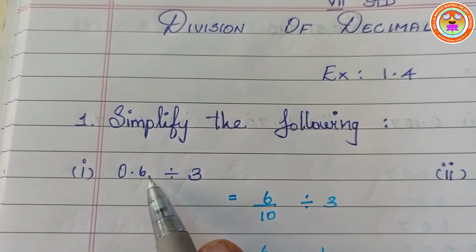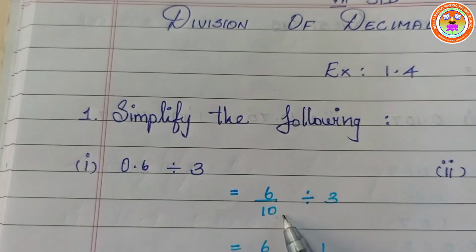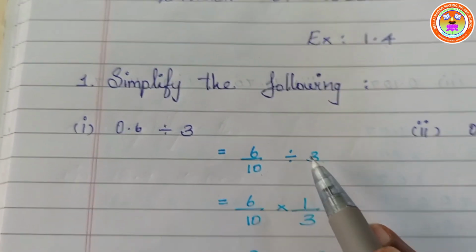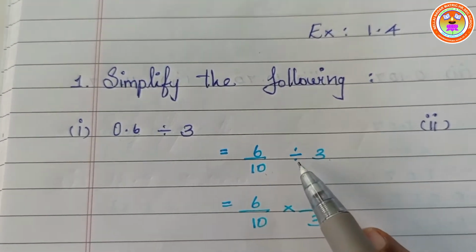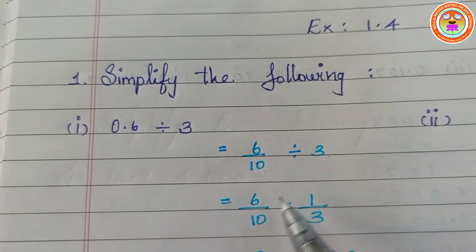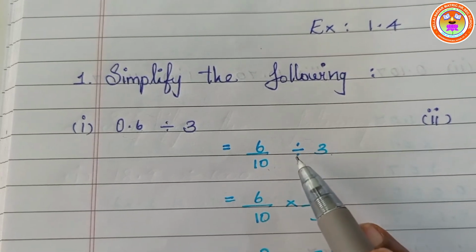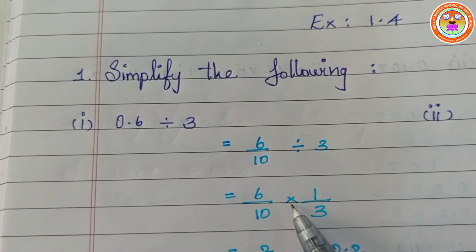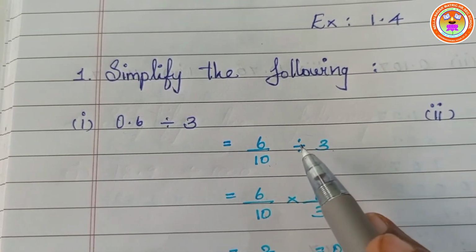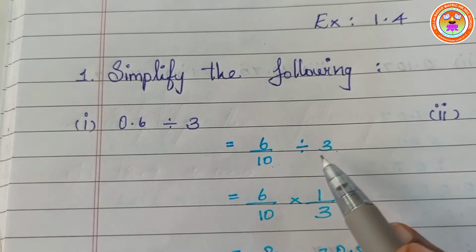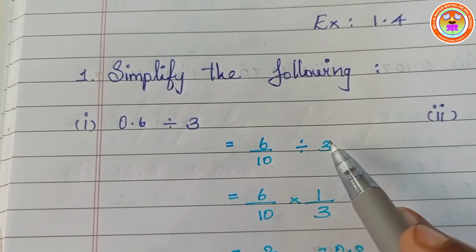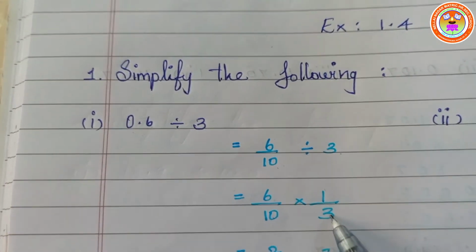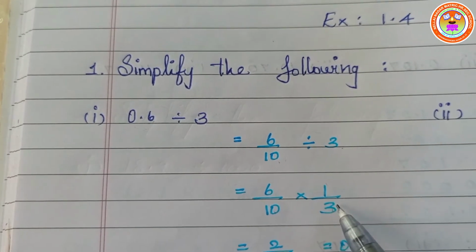So 0.6 is written as 6 by 10 divided by 3. Next, we are going to convert this division into multiplication. So 6 by 10, instead of the division symbol, we put the multiplication symbol. Now as soon as we change the symbol, we take the reciprocal of 3. So what is the reciprocal of 3? 1 by 3. Okay children, did you understand this step?